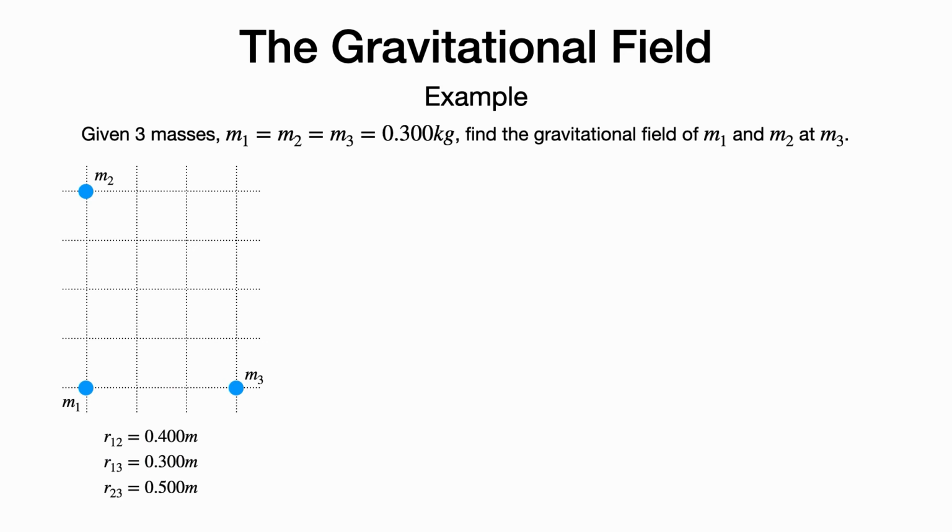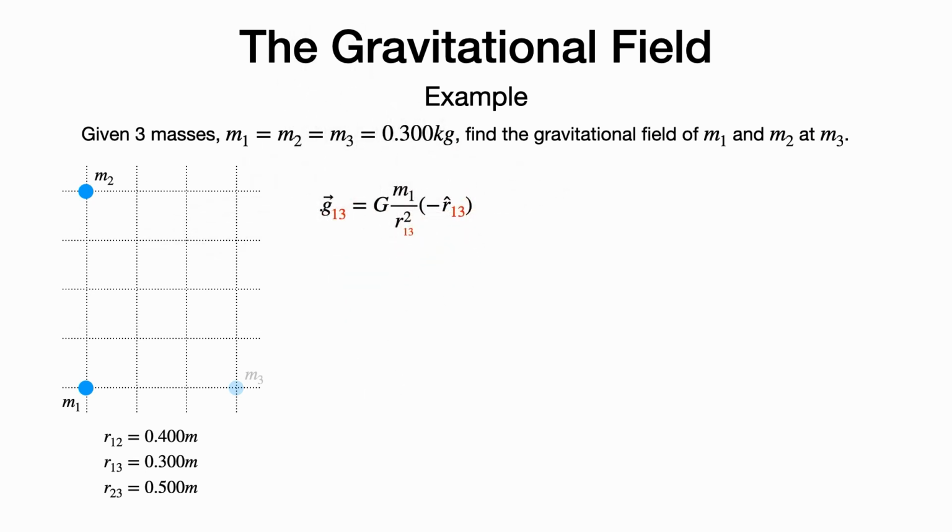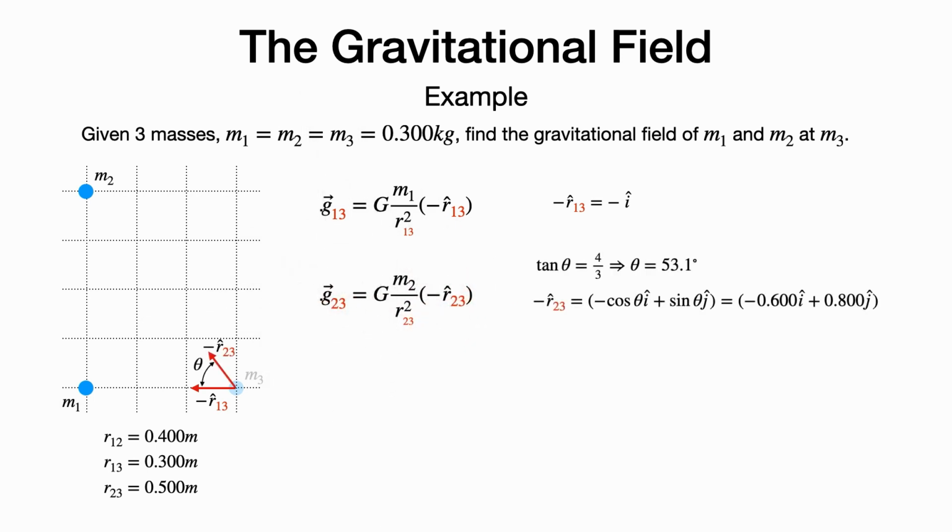Let's consider the previous example we looked at for the gravitational force, but now consider finding the gravitational field of mass m1 and m2 at the location of mass 3. In this case, mass 3 no longer matters. The gravitational field due to mass 1 at this location is going to simply be given by the following formula, where the vector nature of the gravitational force is going to be given as before. And we can do the same for the gravitational field due to mass 2.